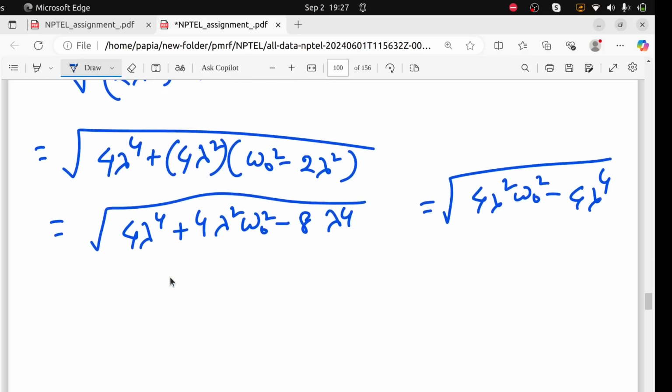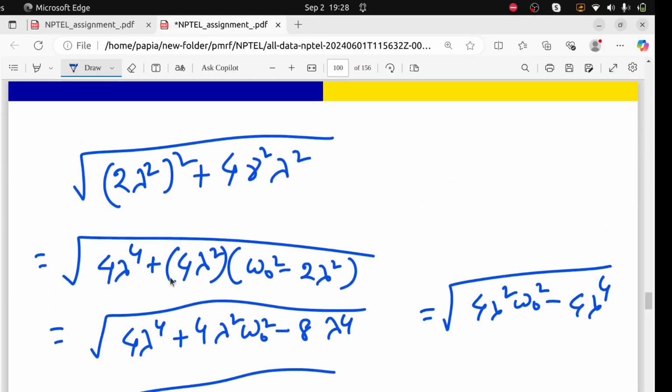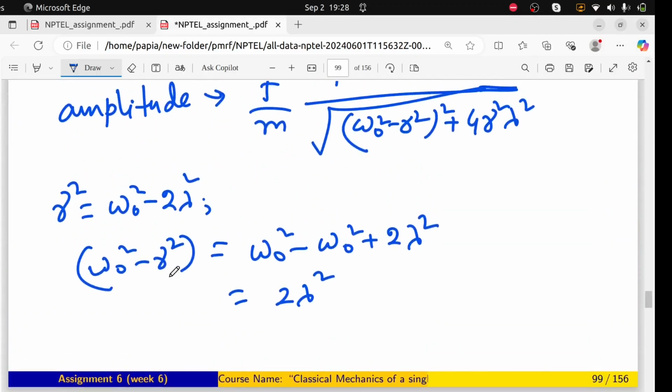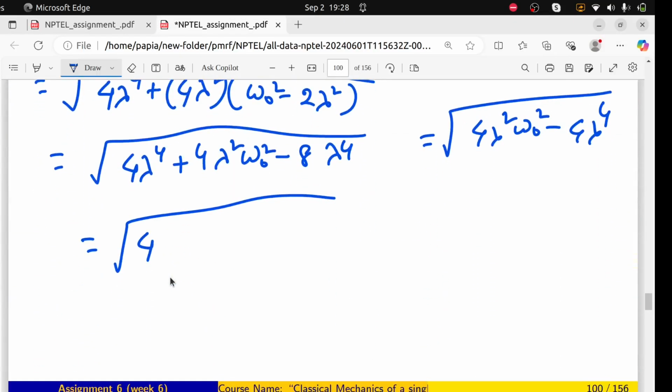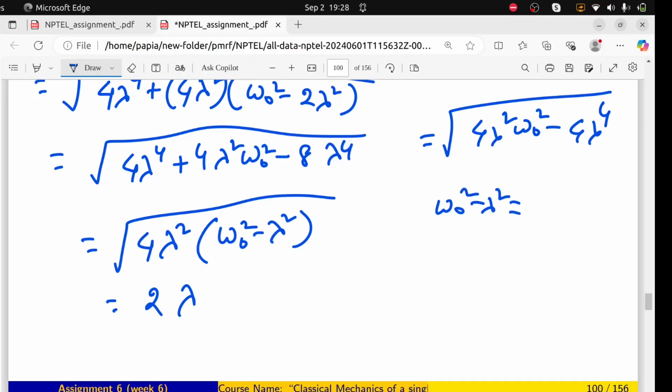So as a whole, this will give me 4 lambda square, 2 lambda square, 4 lambda square omega 0 square minus lambda square. It is 2 lambda. Then omega 0 square minus lambda square.